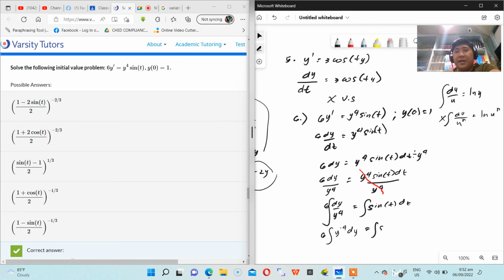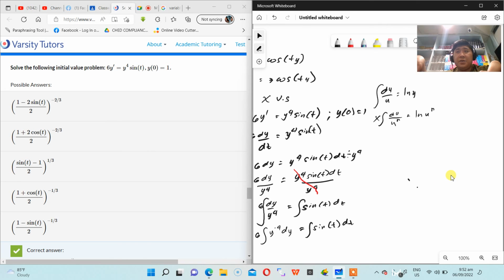So, equals the integral of sine of t dt. From there, you could have c.